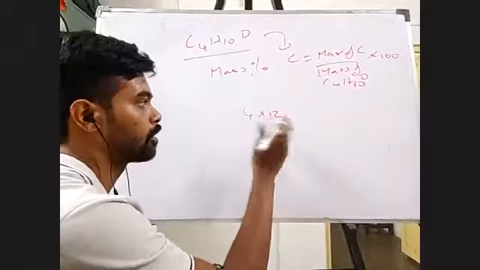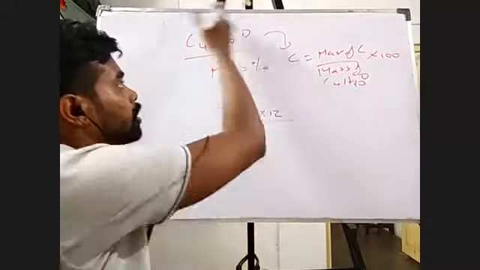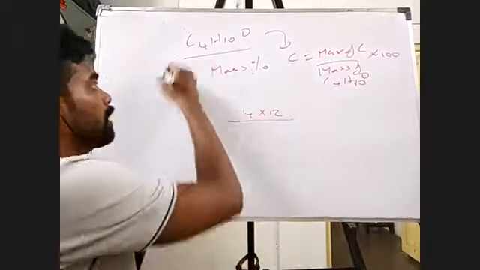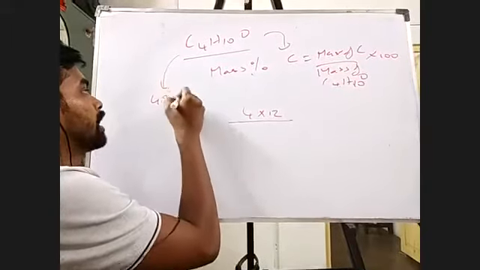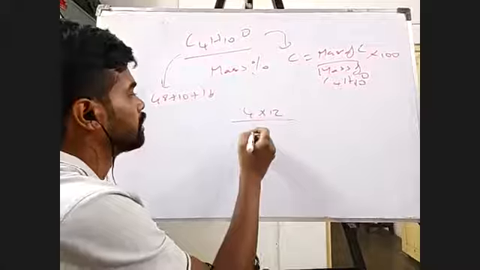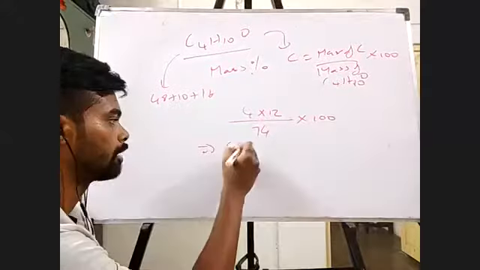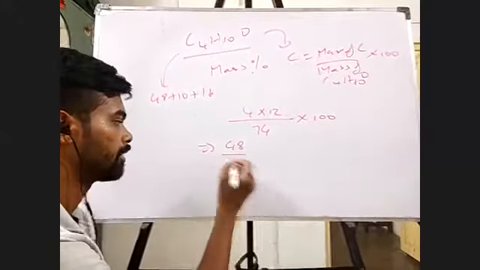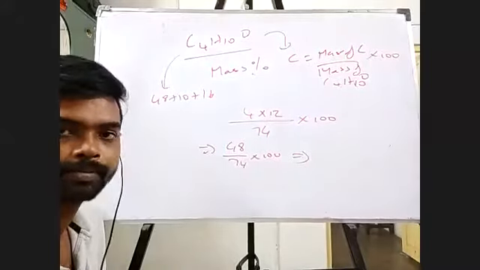The total mass of this will be 48 plus 10 plus 16, which is 74. Into 100. So it will be 48 divided by 74 into 100. Whatever the value is, you can just calculate it.